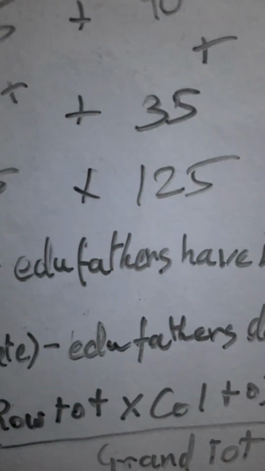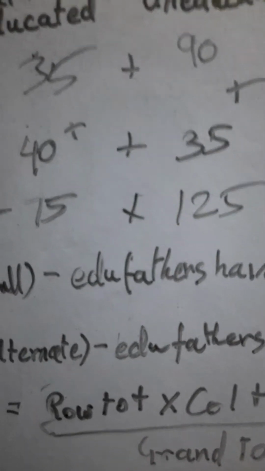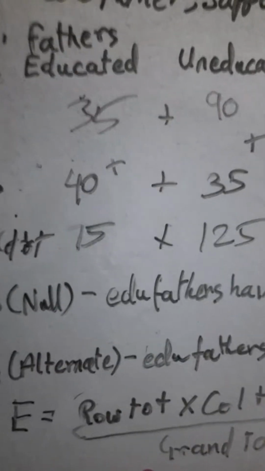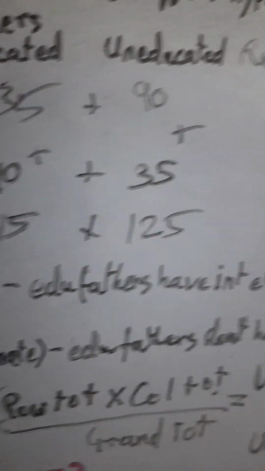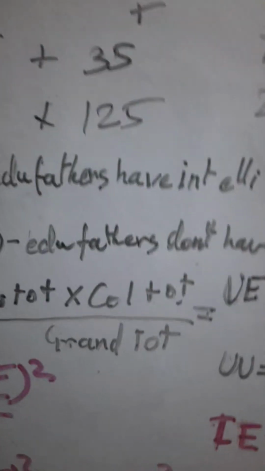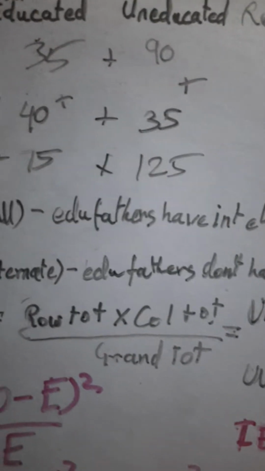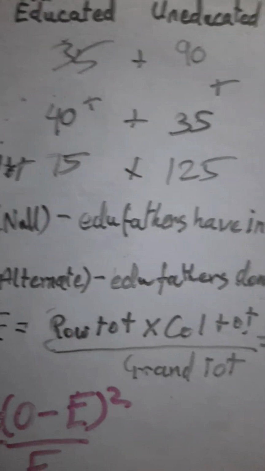Here we have 2 rows and 2 columns. 2 minus 1 is 1, 2 minus 1 is 1, 1 into 1 is 1.